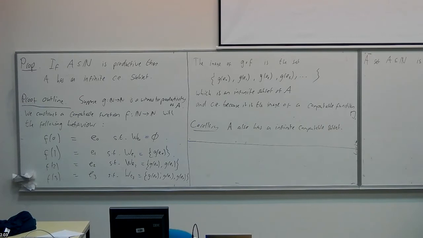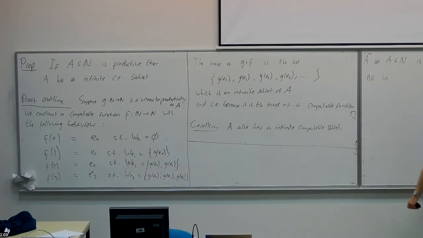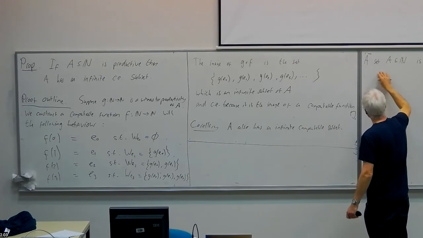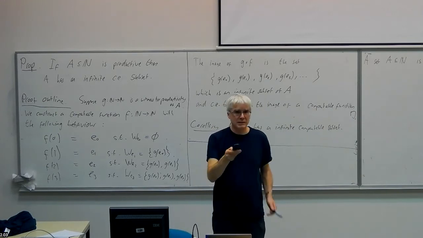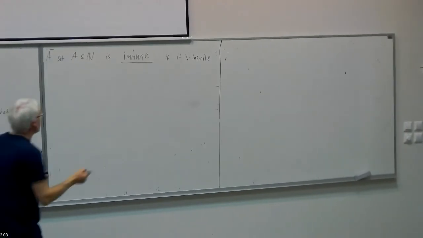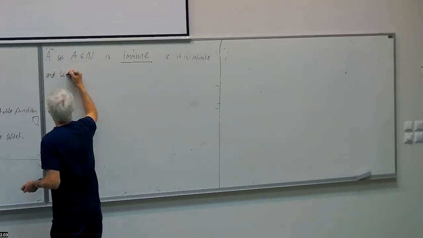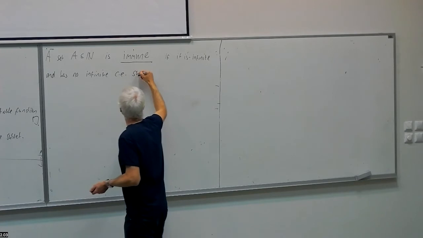I'm not sure if this is a particularly useful property to have, but a set A is immune if it is infinite and has no infinite computably enumerable subsets.